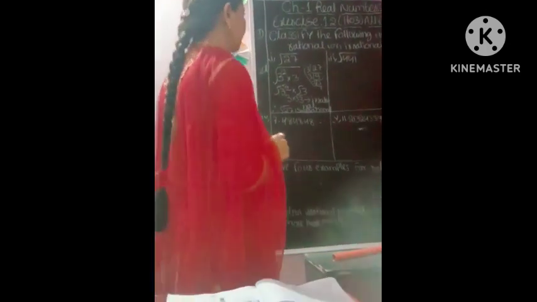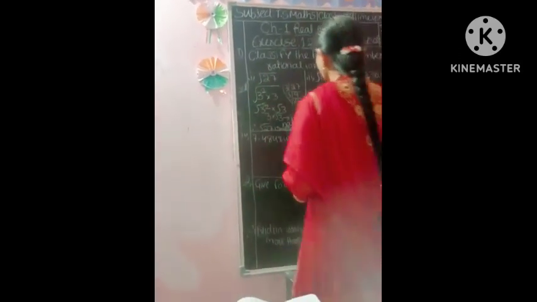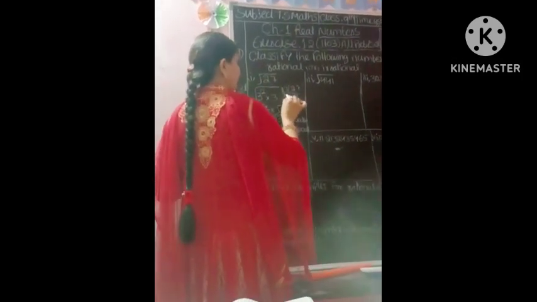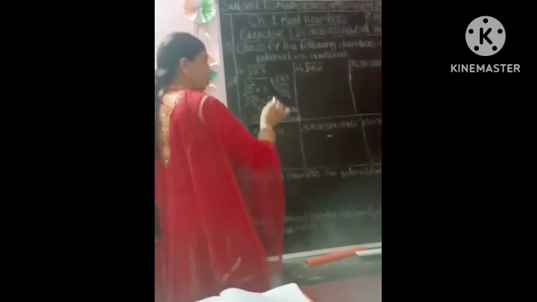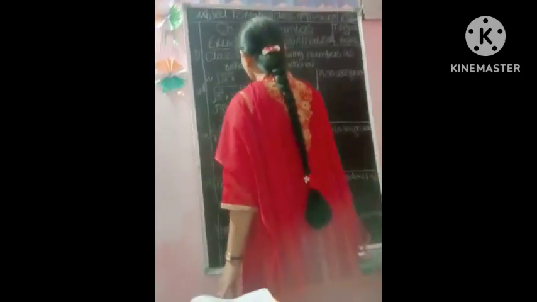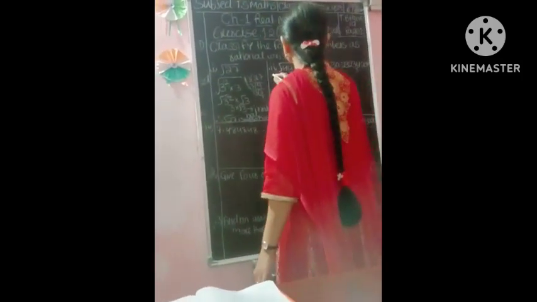Because here there are no perfect squares. How to find the square root of the given number? Pairs of two numbers only. There is an extra one, so it is not a rational number. This is an irrational number, because root 3 is also there.